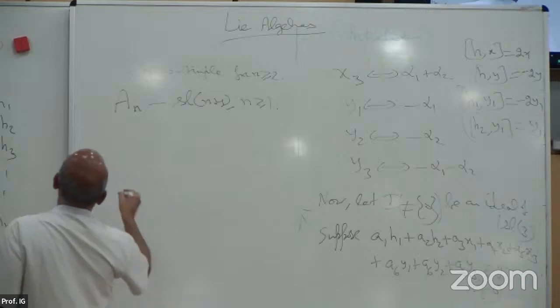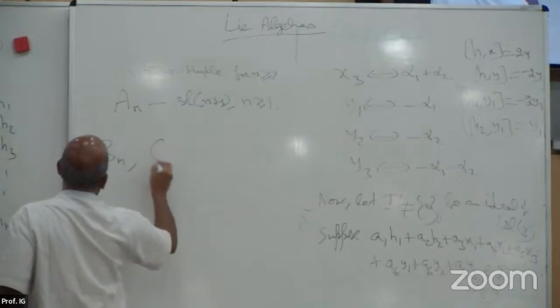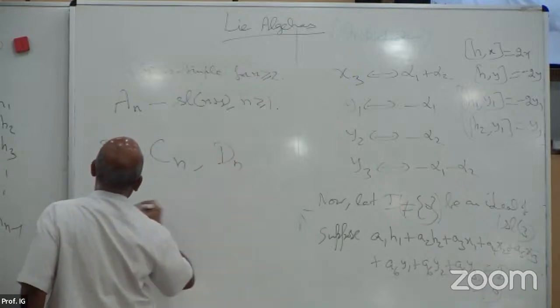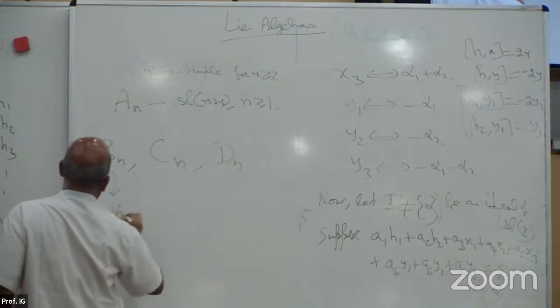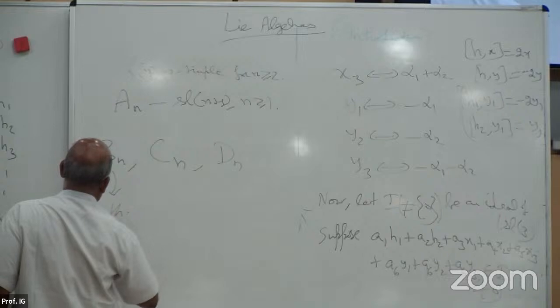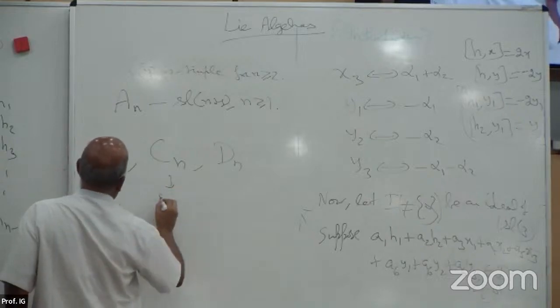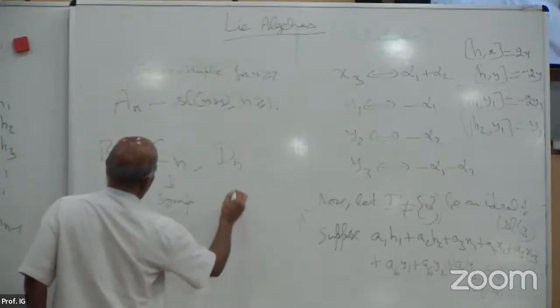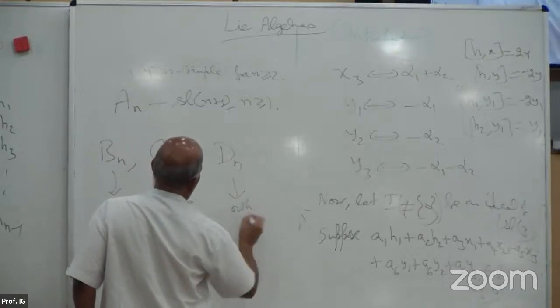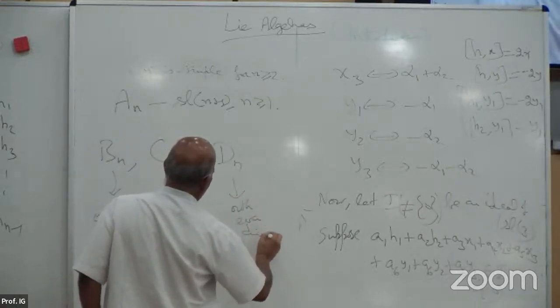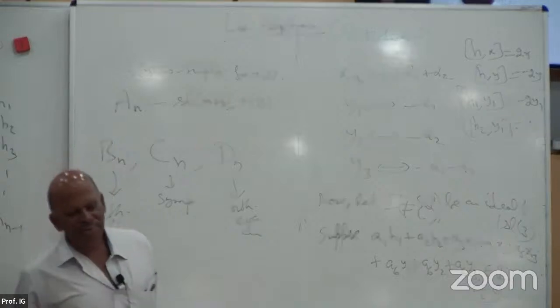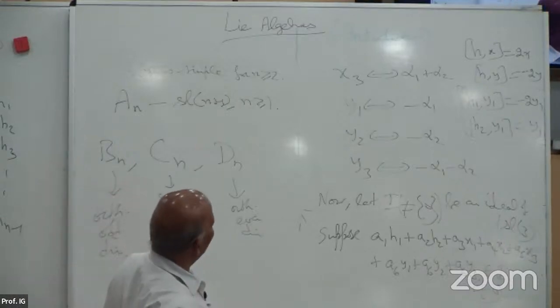I urge all of you, there are some BN, CN, DN. These are orthogonal, odd dimension, symplectic, and this is orthogonal, even dimension. So similar to AN, there are 3 other classes.